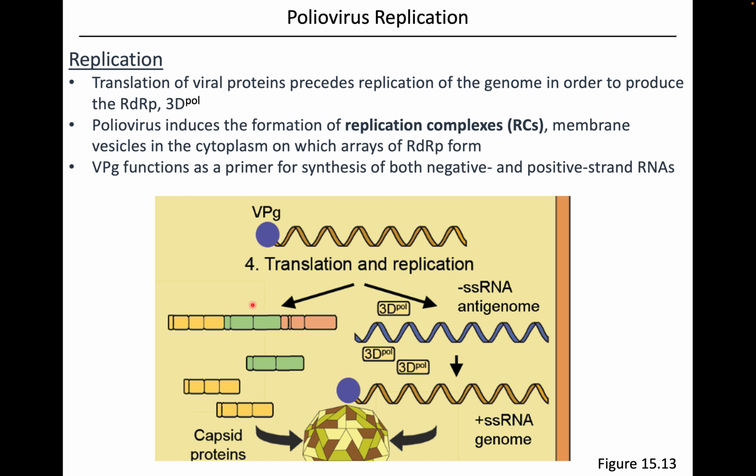And we're basically immediately going to get translation and the cleavage, as we discussed. And once the 3D Pol, the polymerase protein, is produced, then we can make a negative sense anti-genome copy and then crank out some more positive sense copies of the genome using that as a template.